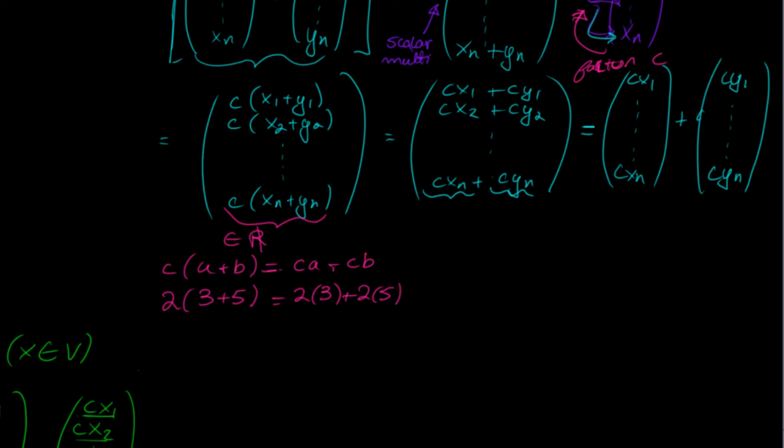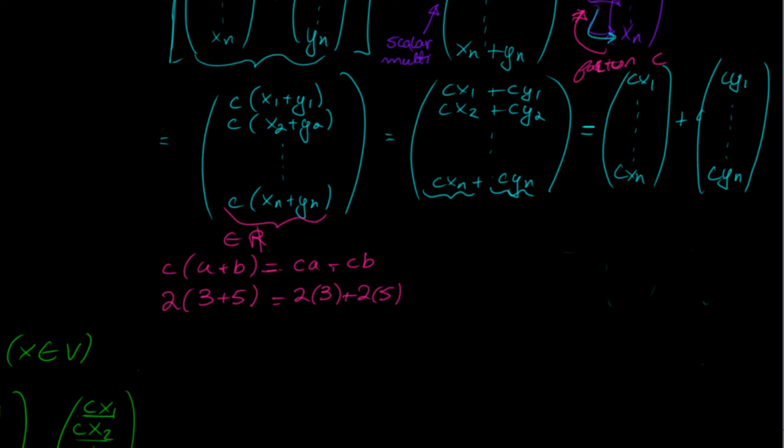So it's going to look like c times x1 through xn plus c times y1 through yn. Let me write it a bit more to the left.